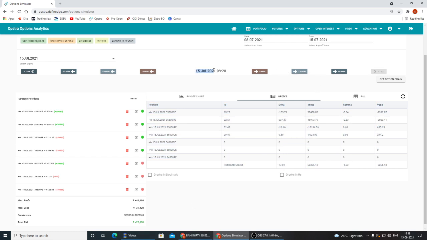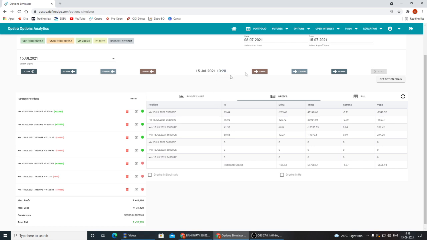So we came to 15th July. 35,700. 35,770, 29,000 profit. 791. 35,900. The market is moving even higher. Profit is 27,400. 35,950, 26,000 profit. 35,840, 31,000 profit.